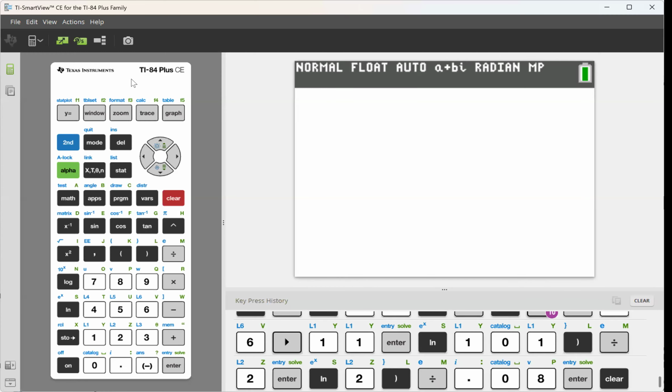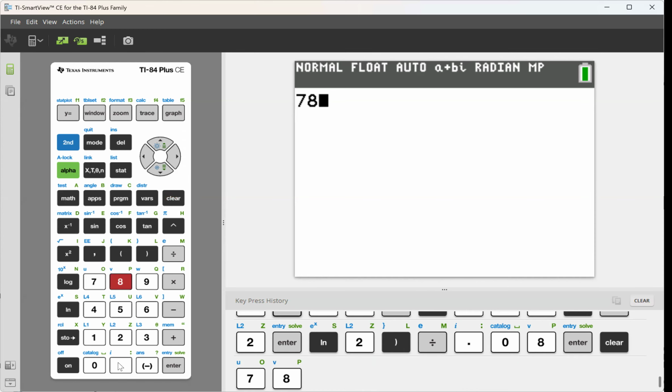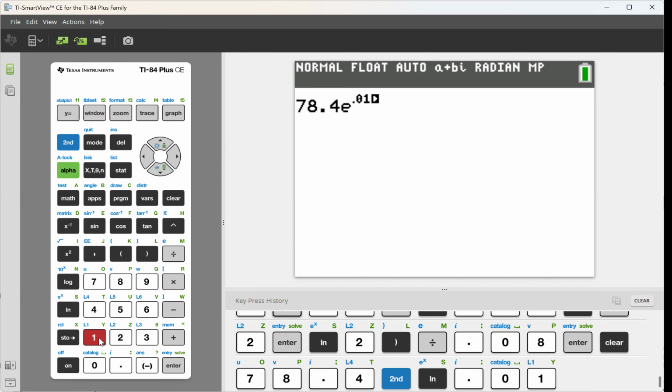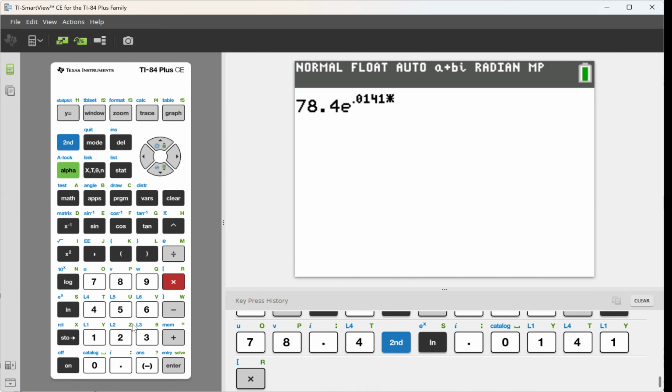Let's go ahead and clear out all that calculation we had prior to this. And what are we doing? We're doing 78.4 times e, which is above the logarithm, second logarithm, and we're raising that to the 0.0141 times 37 years later.